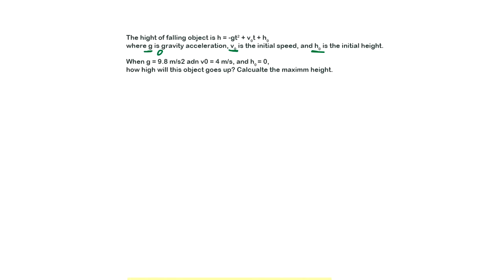I hope you learn the physics by the time you reach Algebra 2. Otherwise, you just have to learn this now. Here, the initial speed is 4 meters per second, and h0 is 0.